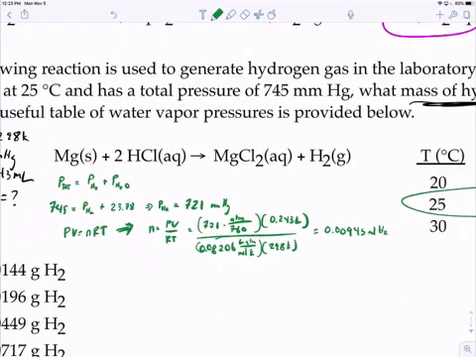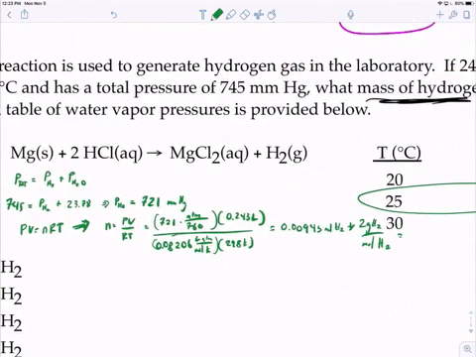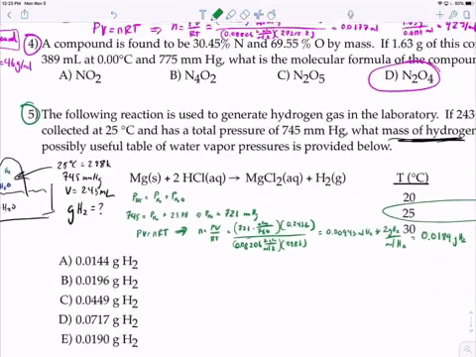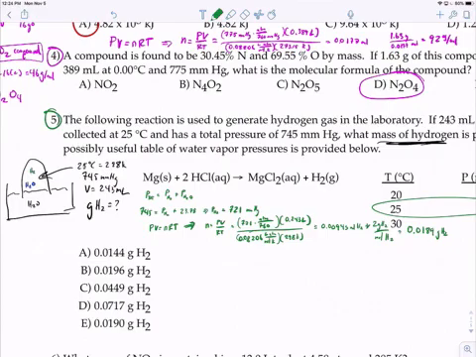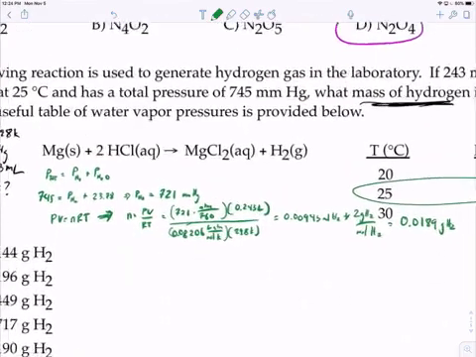Then we multiply that by 2 grams hydrogen per mole hydrogen, and that's 0.0189 grams hydrogen.